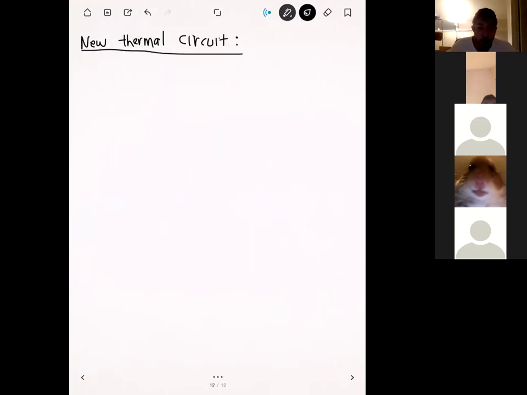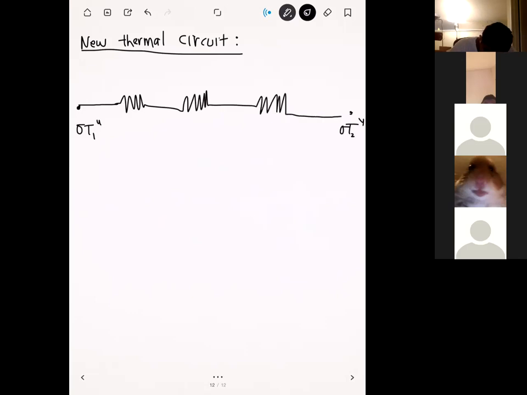And so the new thermal circuit looks like this. On the ends, we still have sigma T1 to the 4th and sigma T2 to the 4th. But instead of just having 1 resistor in between them, now we're going to have 3. These 3 resistances are given by the following.